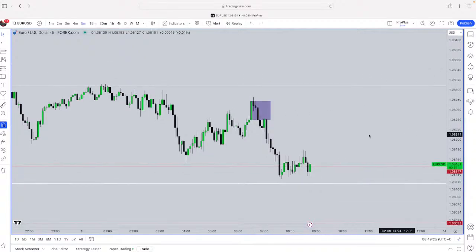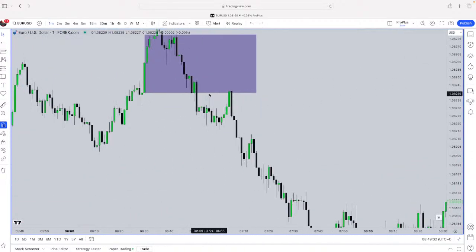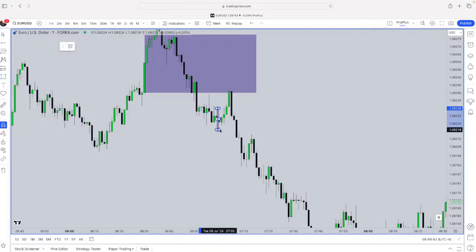So 7 o'clock is macro, and it's the New York kill zone. Makes a high, a low, higher high. So it takes out this high. So this here becomes the breaker. What's inside the breaker? Fair value gap here. So that literally would have been my entry.